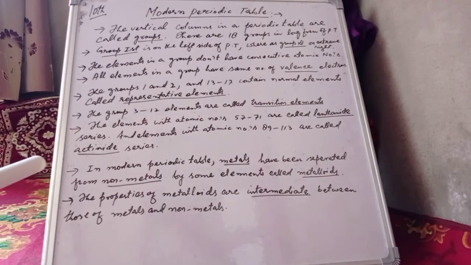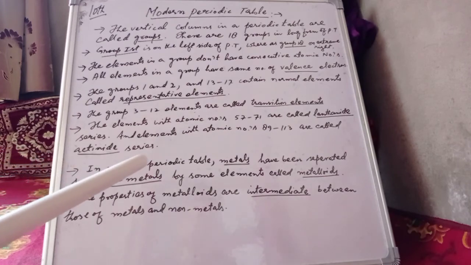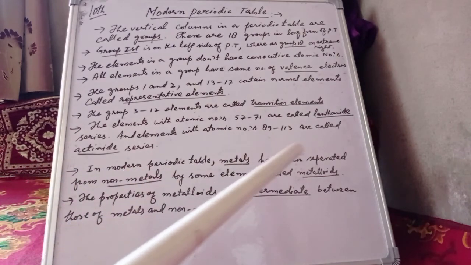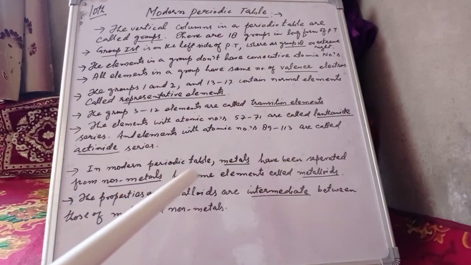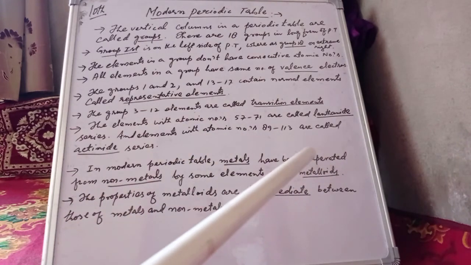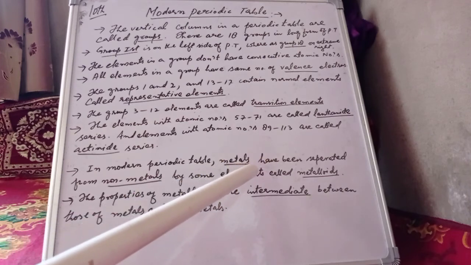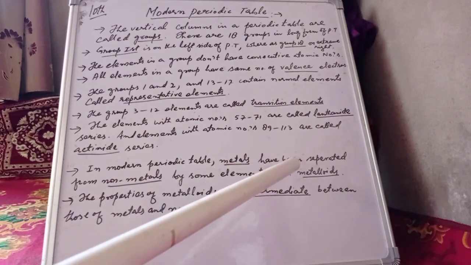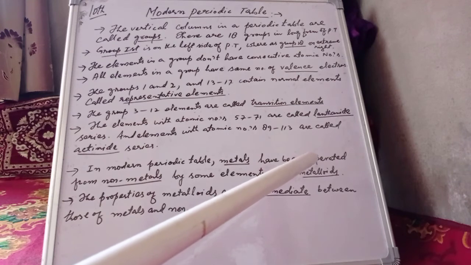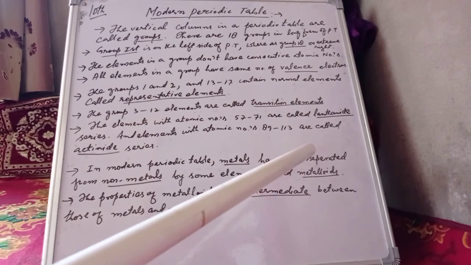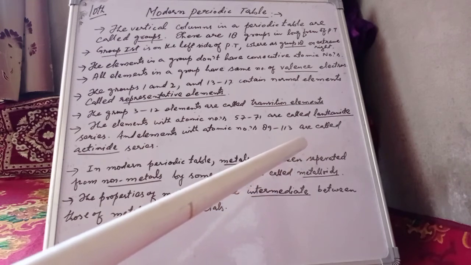Got it, dear students? In the modern periodic table, metals have been separated from non-metals by some elements called metalloids. So metals and non-metals are separated in the modern periodic table by some other elements which are termed metalloids. These metalloids are placed diagonally in the periodic table.